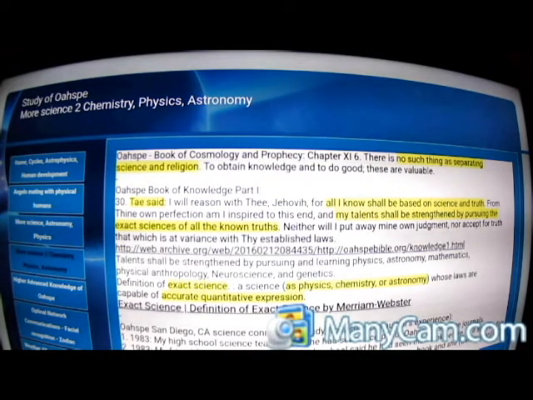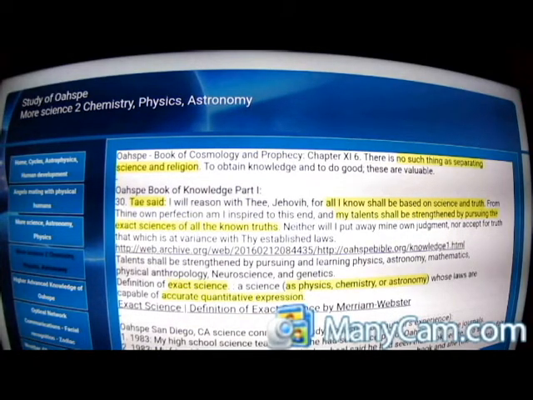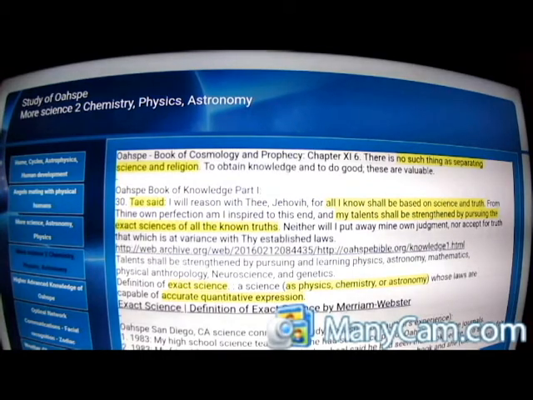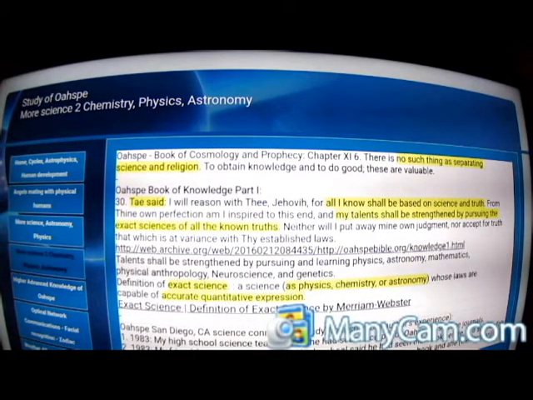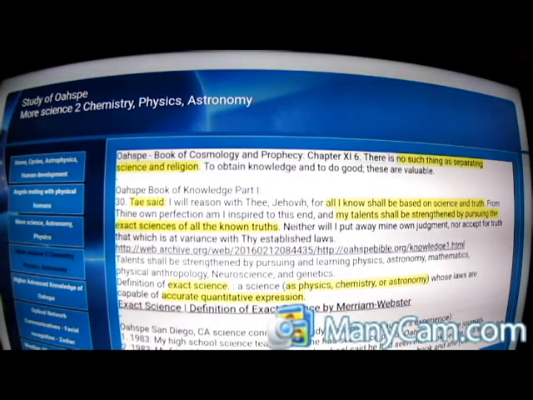Oahspe, Book of Cosmology or Cosmogony and Prophecy, Chapter 11, Verse 6. There is no such thing as separating science and religion. To obtain knowledge and to do good, these are valuable.